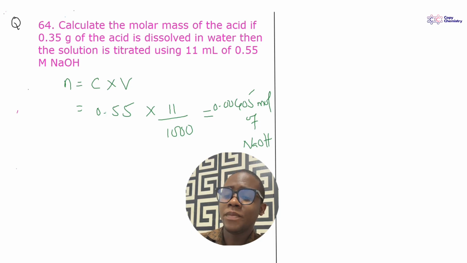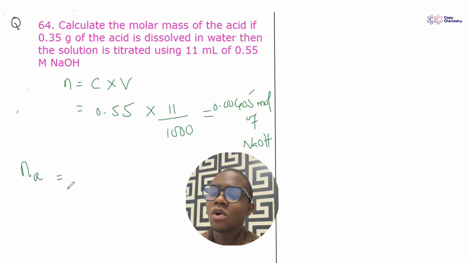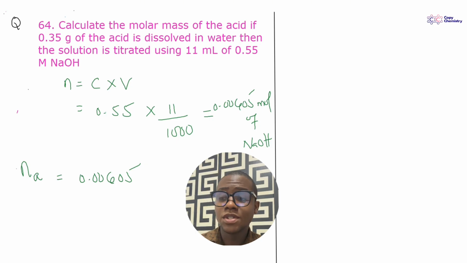Okay, so that would mean that 0.00605 moles of the base must neutralize 0.00605 moles of the acid. Good. So we can infer here that our number of moles of the acid will also be 0.00605, since they said all the acid was titrated using this amount of base, which is actually 0.00605 moles.